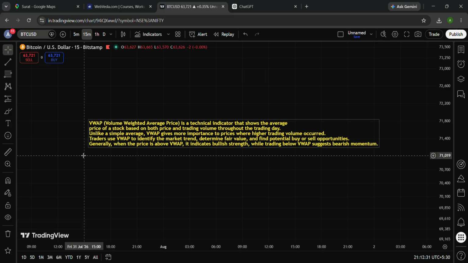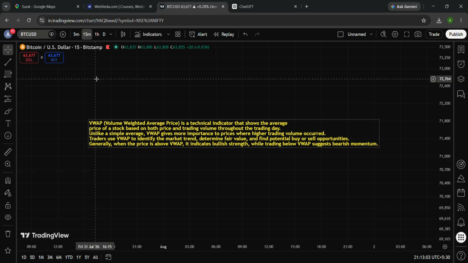If you understand nothing, let me clarify. The one sentence that I am telling you is all about VWAP: the price always wants to stick with the VWAP line. If the price is below the VWAP line, that becomes a bullish signal for us.